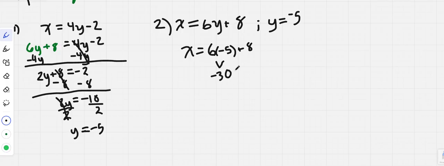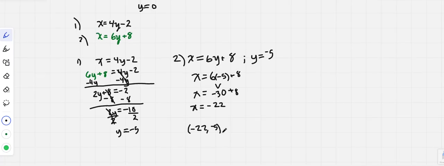Bring everything else down. And -30 plus 8 is -22. So x equals -22. That's our answer, -22 and -5.